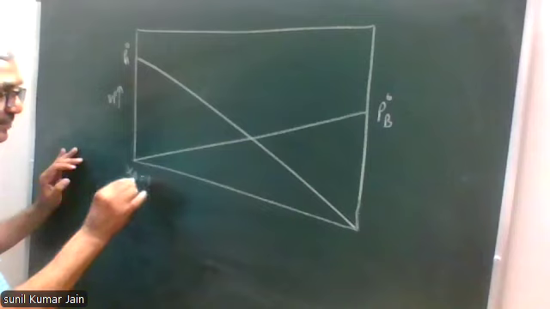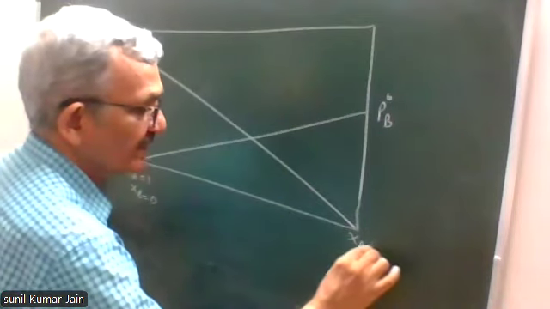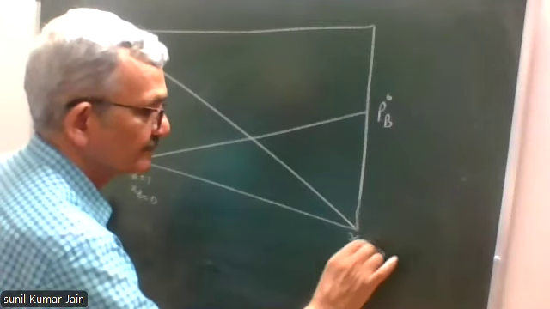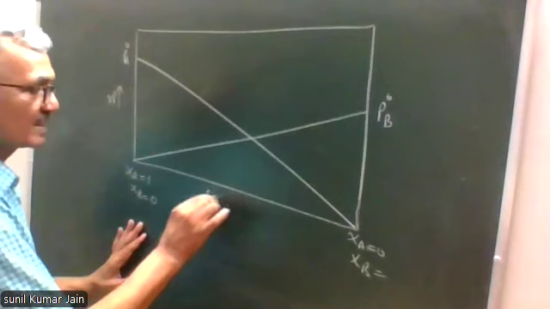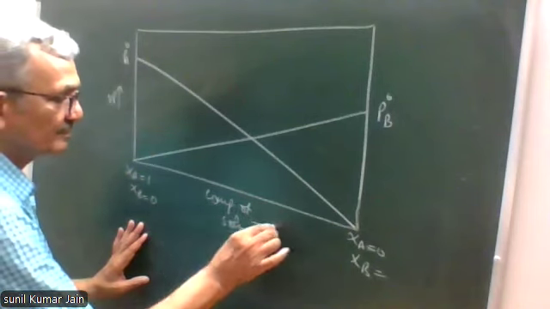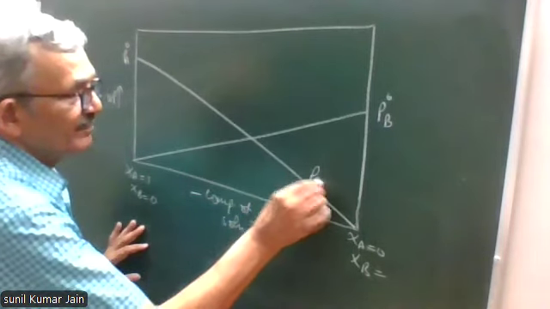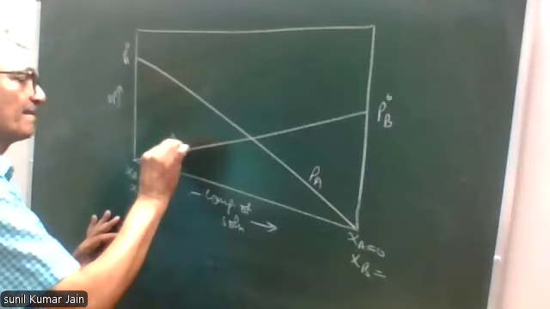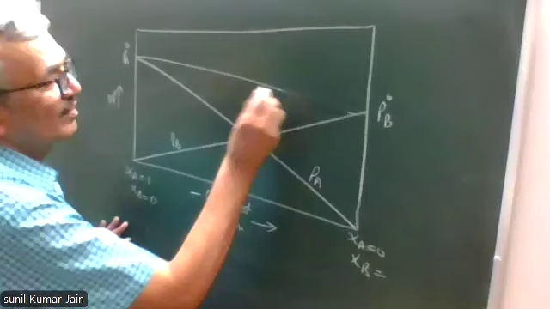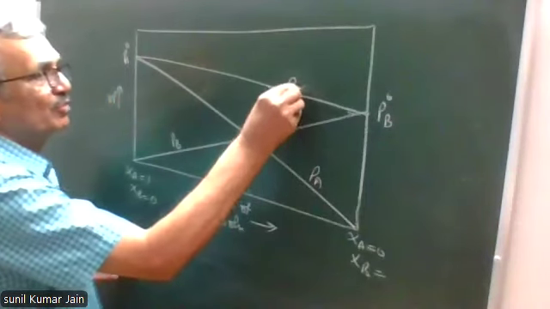Chi A 1, chi B 0, chi A 0, chi B 1. This is composition of solution. This is PA and this is PB. And this is P total.